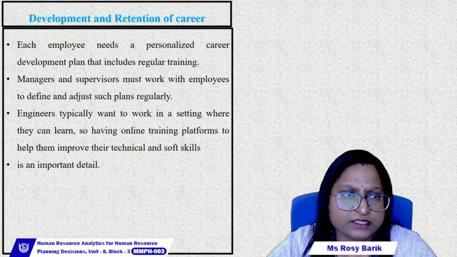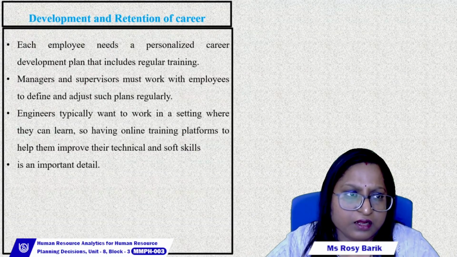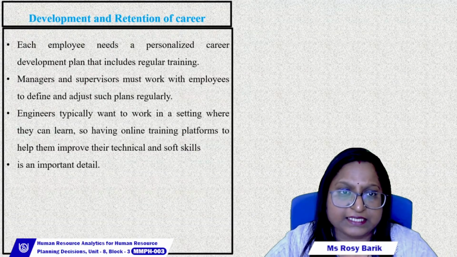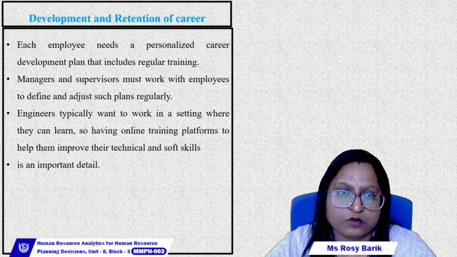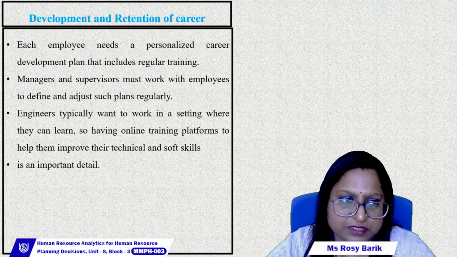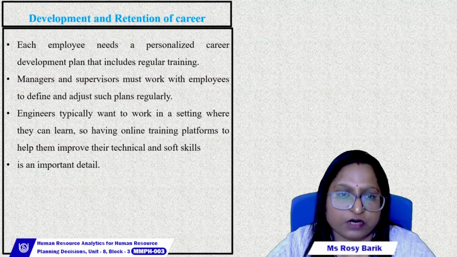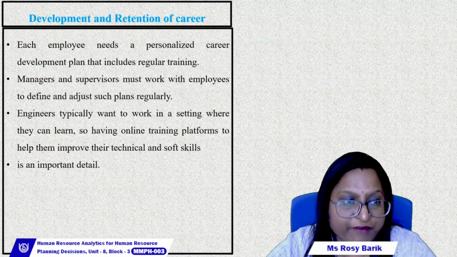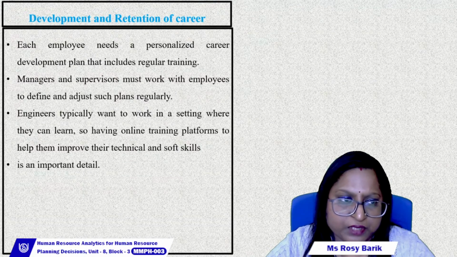Now, we'll be discussing development and retention of career, the next step. Each employee needs a personalized career development plan that includes regular training. So, we can say that training is not a continuous process, but development is a continuous process. Managers and supervisors must work with the employees to define and adjust such a plan regularly.